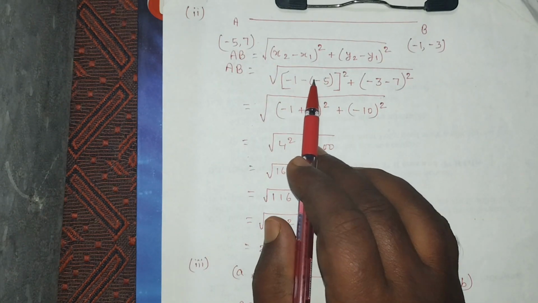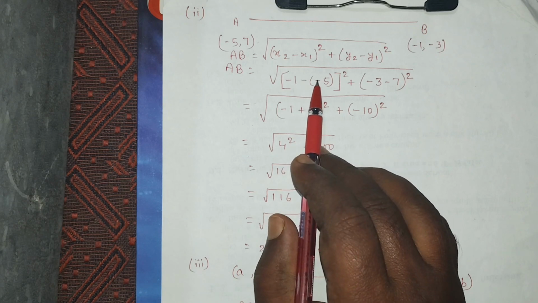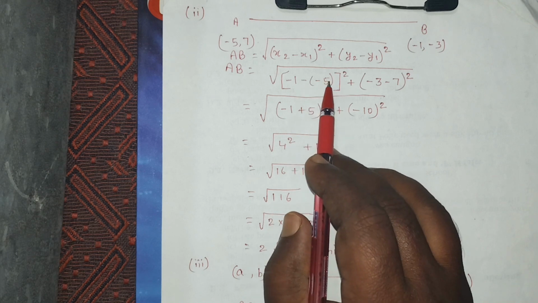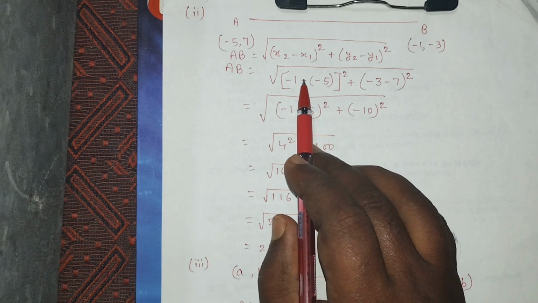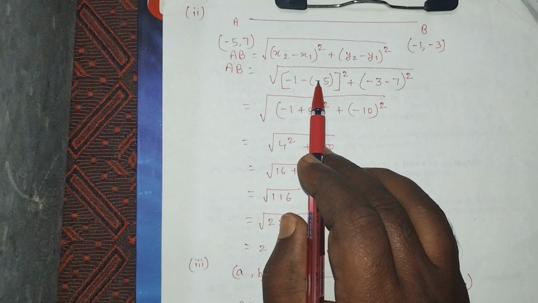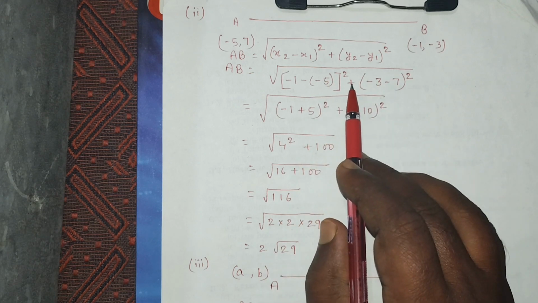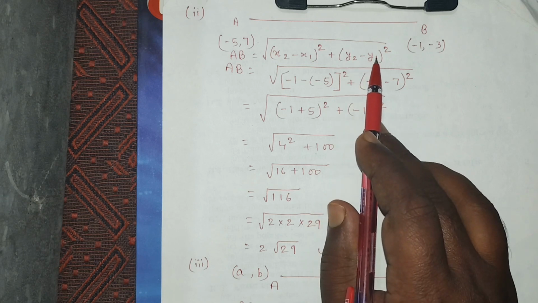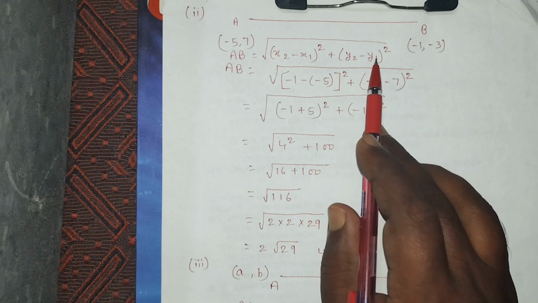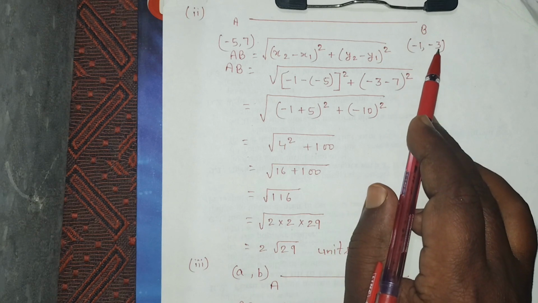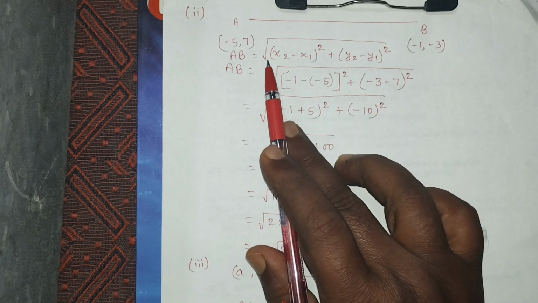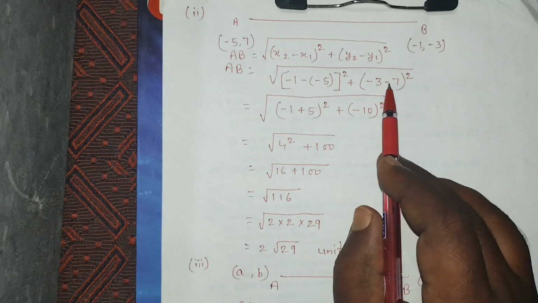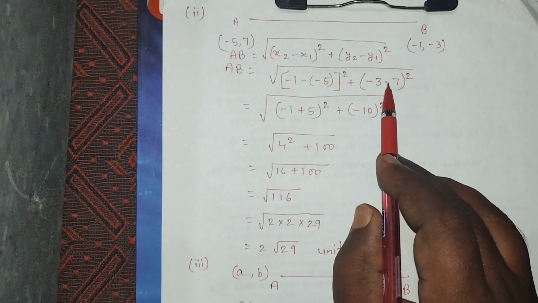Here you are getting 2 negative signs close by, so you have to use a small bracket to separate this minus sign from this minus sign. Plus sign from the formula, and y2 minus y1 will be replaced by -3 minus 7. 7 is a positive integer, so here we will get only one minus sign.